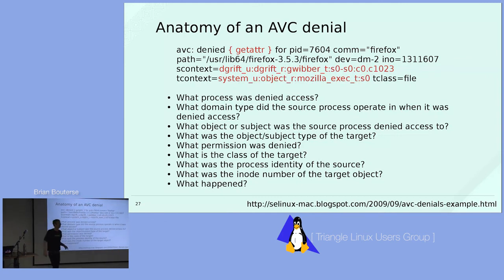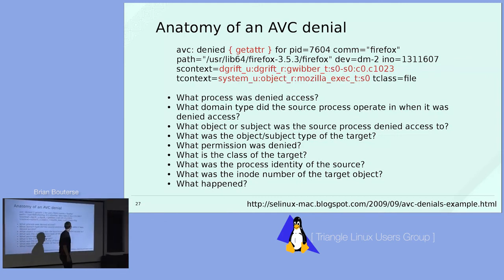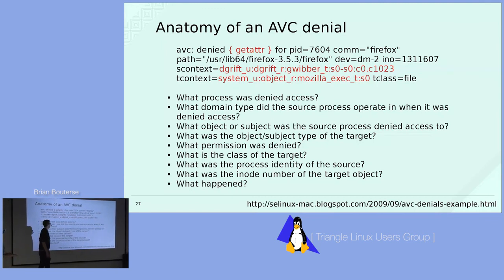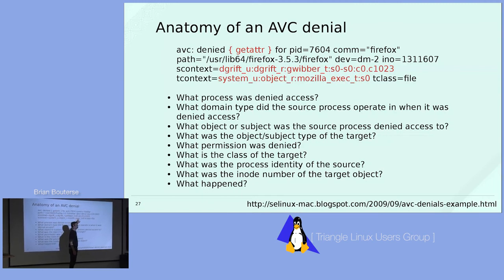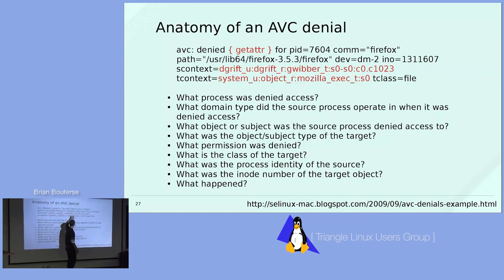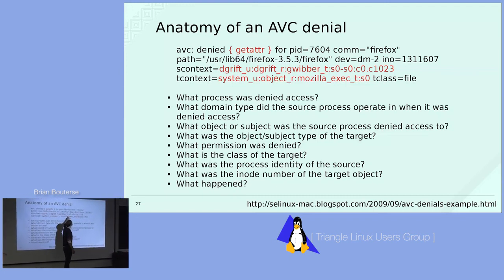Yes? Why did the 4-tuple become a 5-tuple in this case for the S context? We've got S's and C's. Yeah, so I don't really have a way to answer that question. The question was, why did the 4-tuple become a 5-tuple? So 1, 2, 3, 4, and 5. And this has to do with more fine-grained security models.